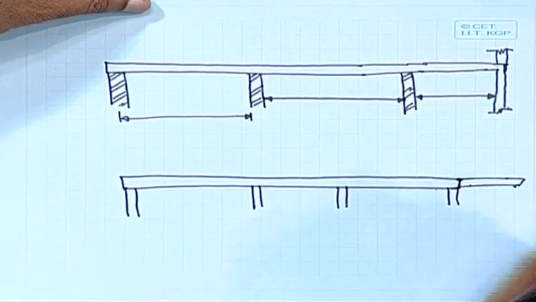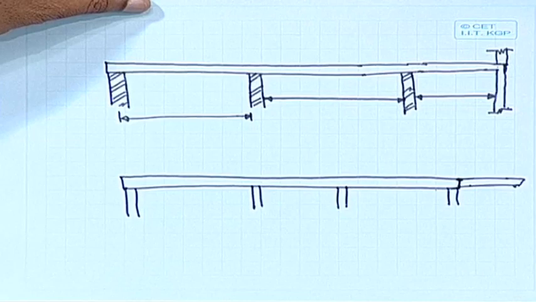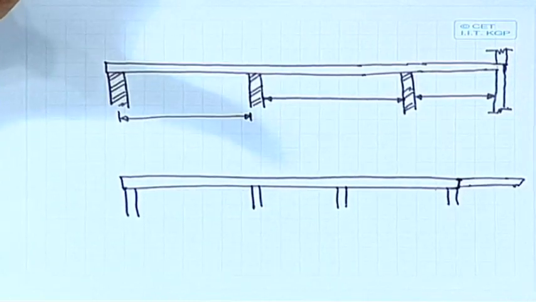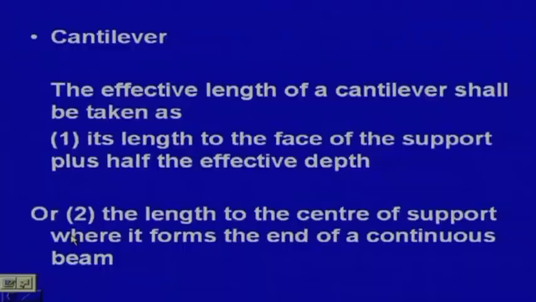So, there we shall take the second case, the length to the center of support where it forms the end of a continuous beam, that we shall take for that problem. So, according to this, we shall decide which is the case, what is the support condition, and on the basis of that we shall find out the effective span.